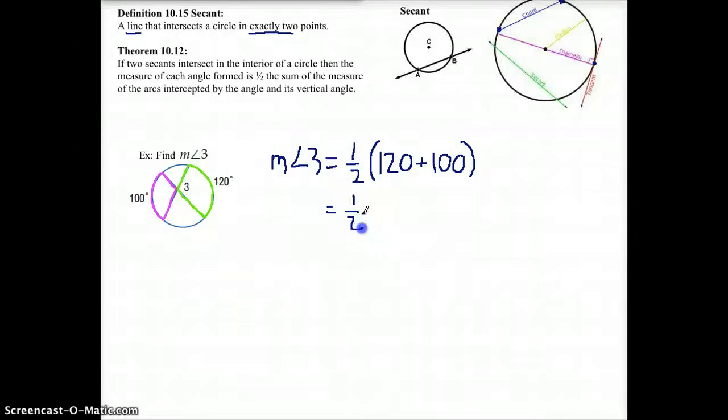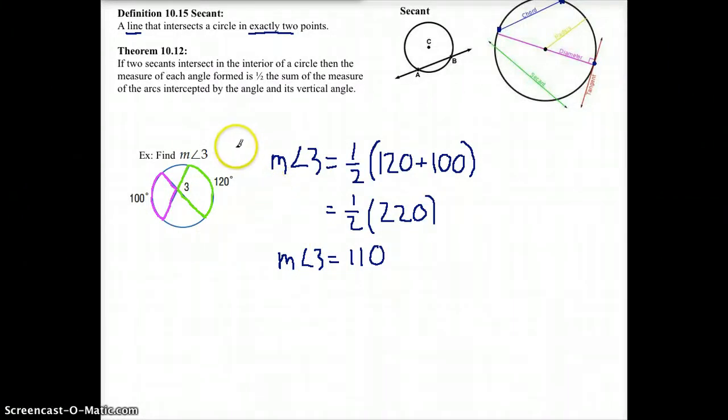Then we just solve this, and that's 1/2 of 220 when I simplify inside, and 1/2 of 220 is 110. And that's the measure of angle 3. And again, sorry about my handwriting, still getting used to this new system. But that's definition 10.15 and theorem 10.12.